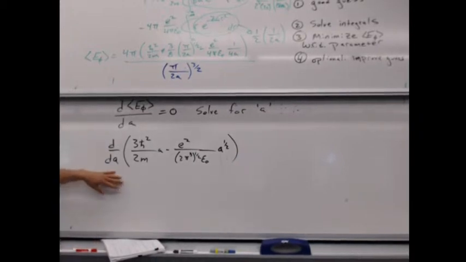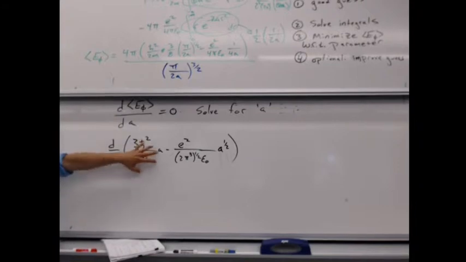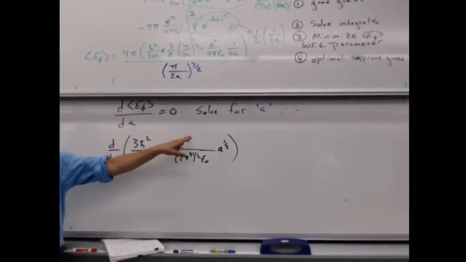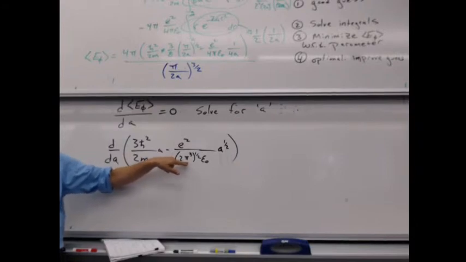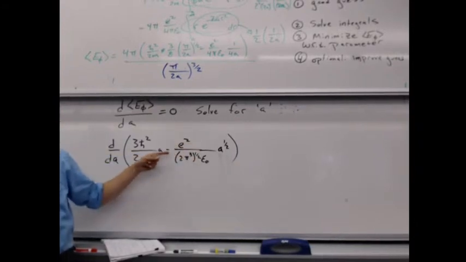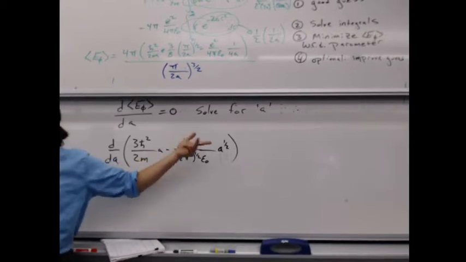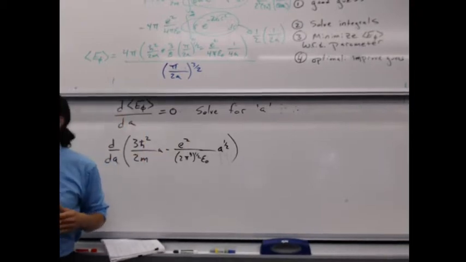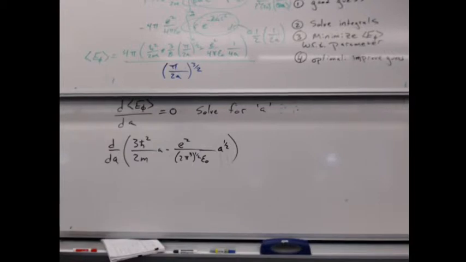Okay. This is something you should already be able to do. Right? We're going to get a 3h bar squared over 2m because this first term is just in terms of a. And then we're going to get an e squared over 2 pi cubed to the 1/2 epsilon naught, times negative 1/2 times a to the negative 1/2. We're going to get an a to the 1/2 on bottom.